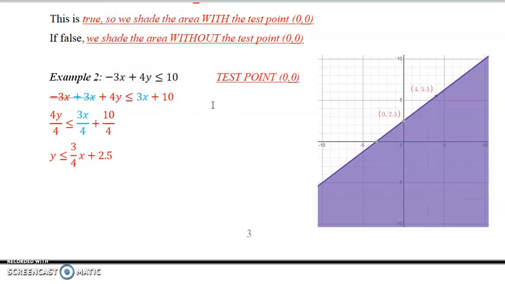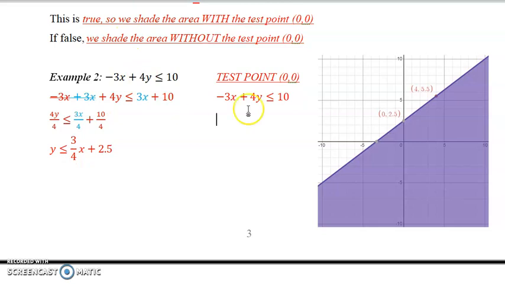All right. So we take the original inequality. Okay. The original inequality. And we substitute in the point 0, 0. 0 in for x, and 0.